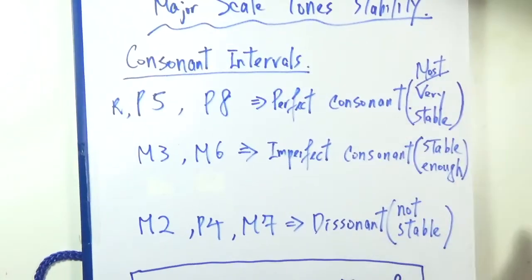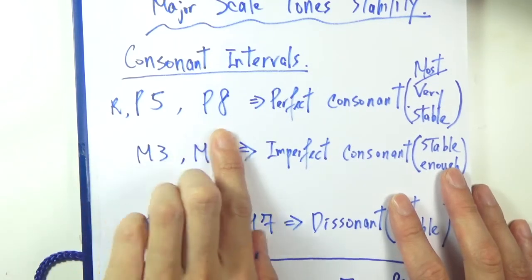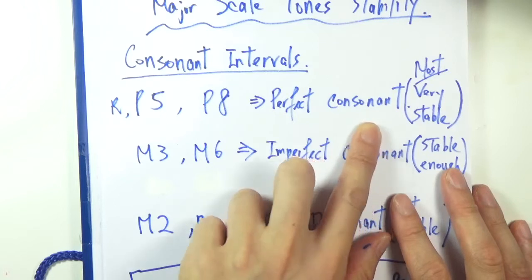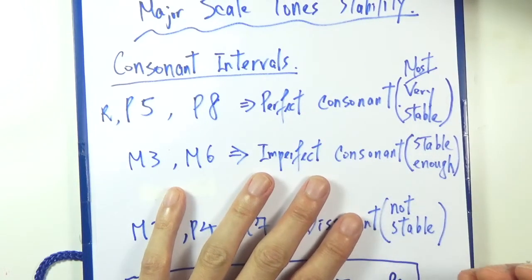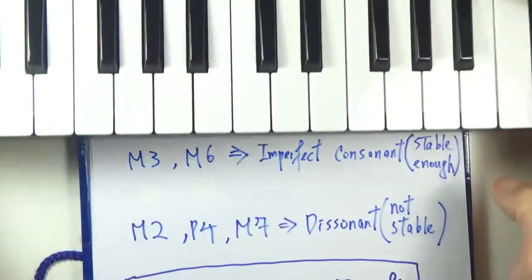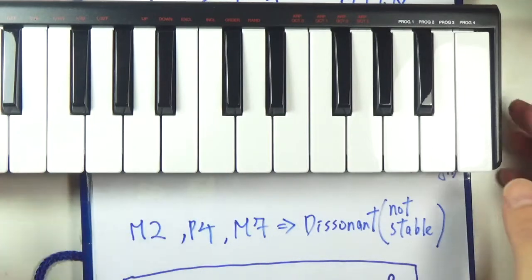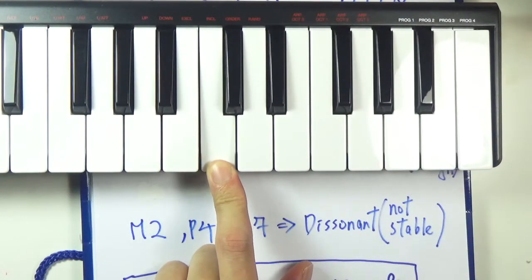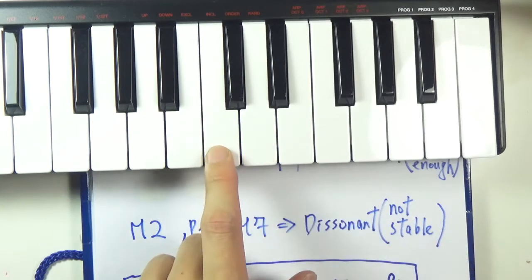For example, the root, the perfect fifth, and the perfect octave, we call them the perfect consonants. They are very stable. They're the most stable tones that you can find. If we take a listen again, systematically: the root, when played against the root, is pretty stable. Pretend that I have another keyboard playing the root here.